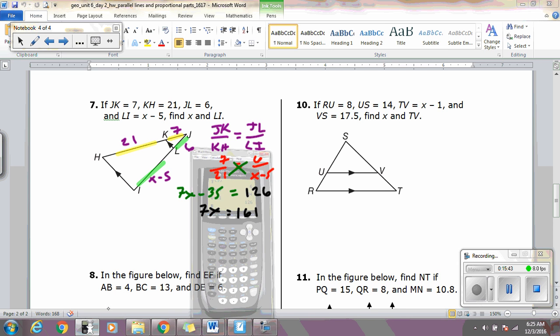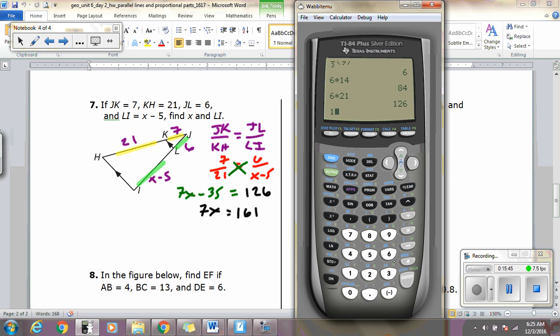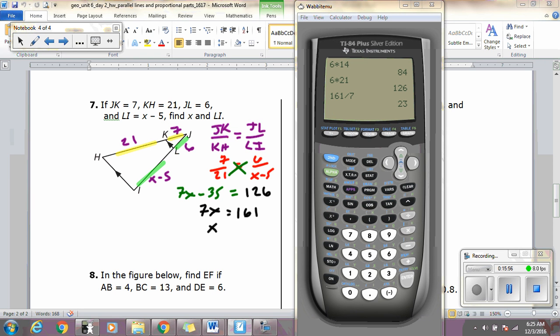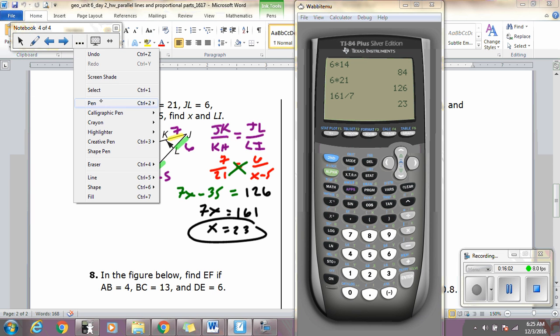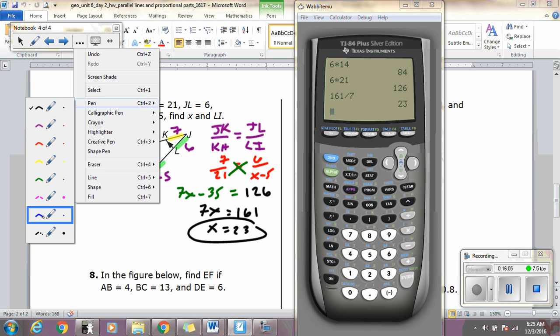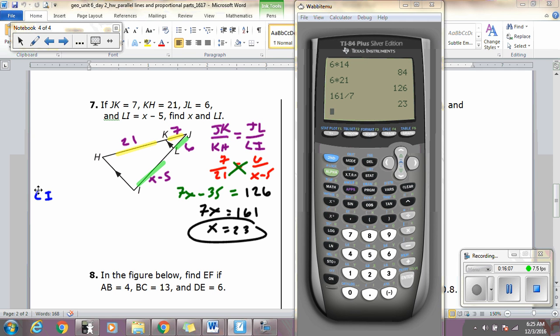I'm going to need my handy dandy calculator for this, definitely. Something with a 3, I know that much. 23. So x is equal to 23. Part 1 is done. Now it wants us to find LI, which was x minus 5. So in other words, it's 23 minus 5, which is 18.